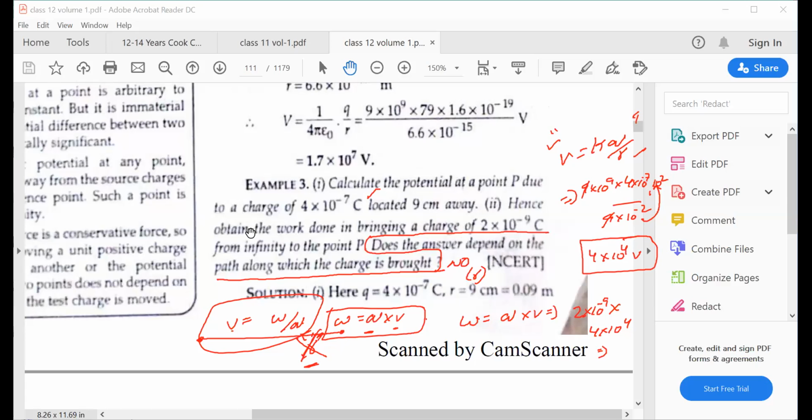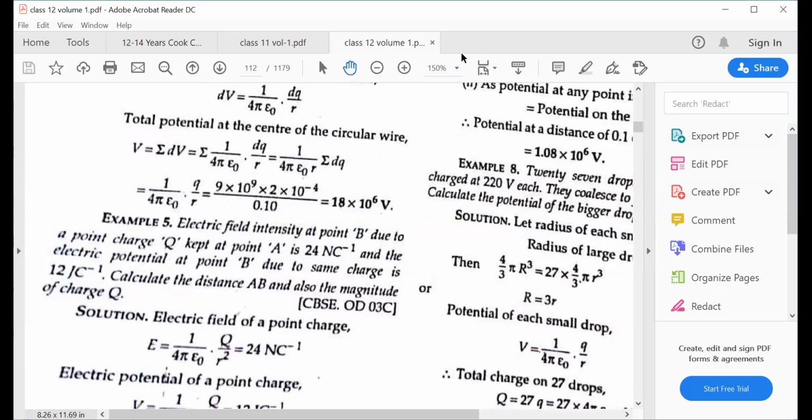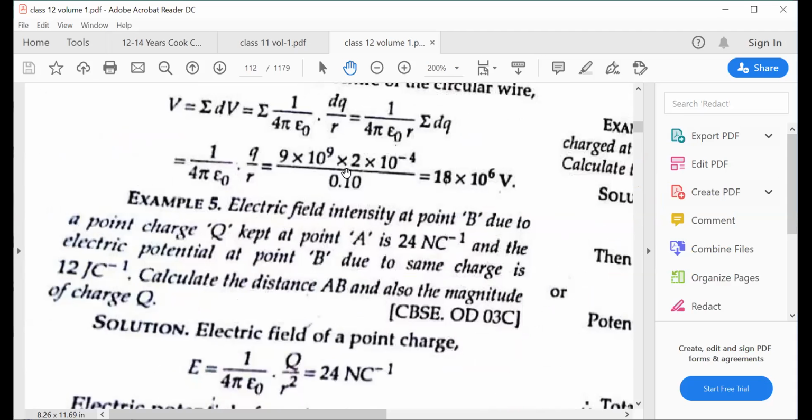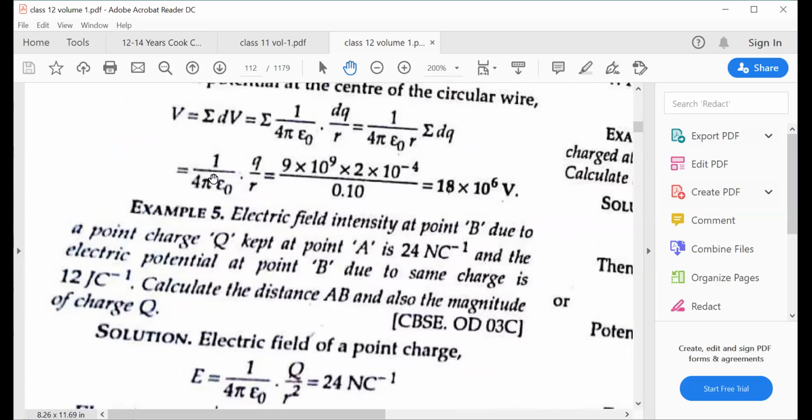Let's try the fifth question. Assume it is your homework. Take the question. I'll ask you on Monday, so please solve it.